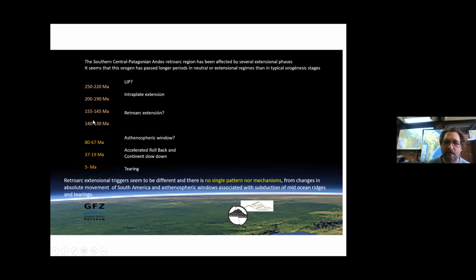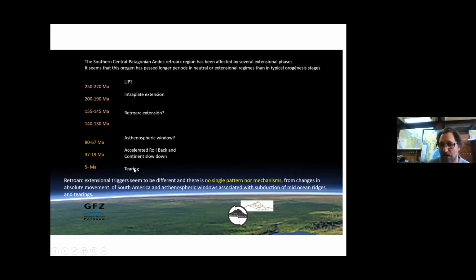The late Jurassic and early Cretaceous phases could be related to proper retroarc extension. The late Cretaceous relaxation of the orogen could be related to an asthenospheric window, the subduction of a mid-ocean ridge at that time. The late Oligocene phase could be related to accelerated rollback and continent slowdown.